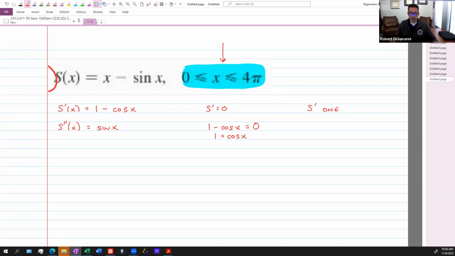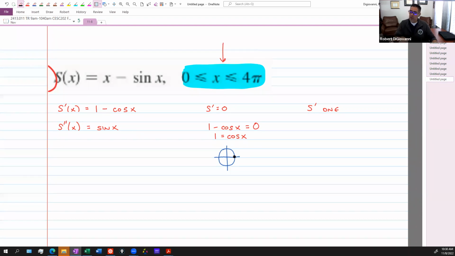So this goes back to your understanding of pre-cal. The way that I teach my pre-cal students is to look at the unit circle. Cosine is the x coordinate on the unit circle. So you're asking, when is the x coordinate 1? And that only happens at one point, right there.